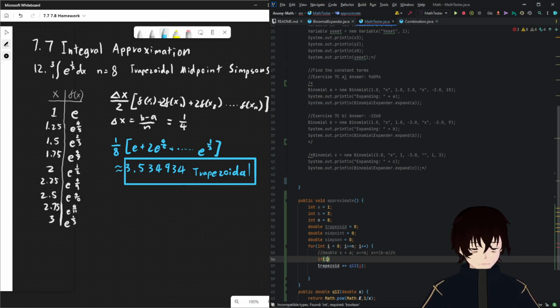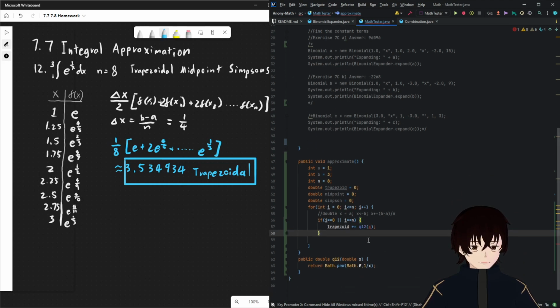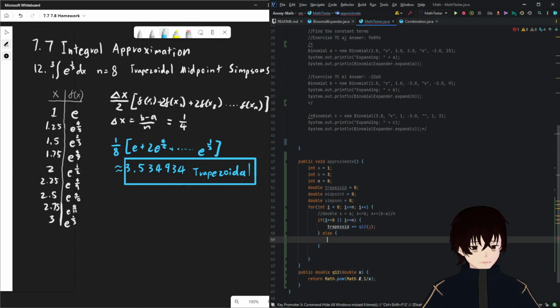If I is equal to 0 or I is equal to n, and else.